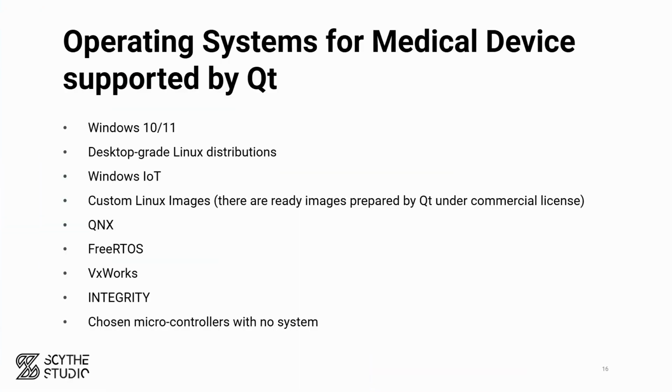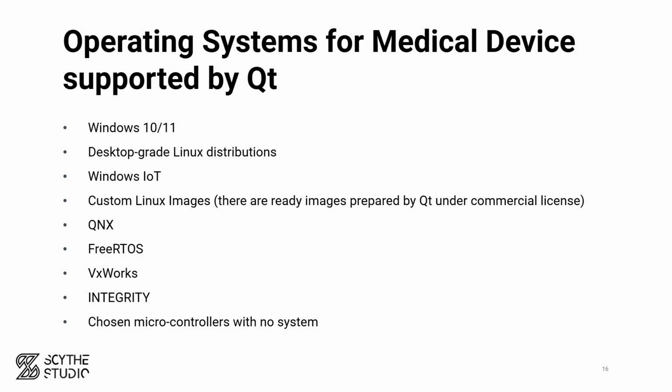For now, you have to know that with Qt, you can create medical apps for Windows, for desktop-grade Linux, for Windows IoT, custom Linux images, for QNX, which is probably the most popular real-time operating system for medical apps.